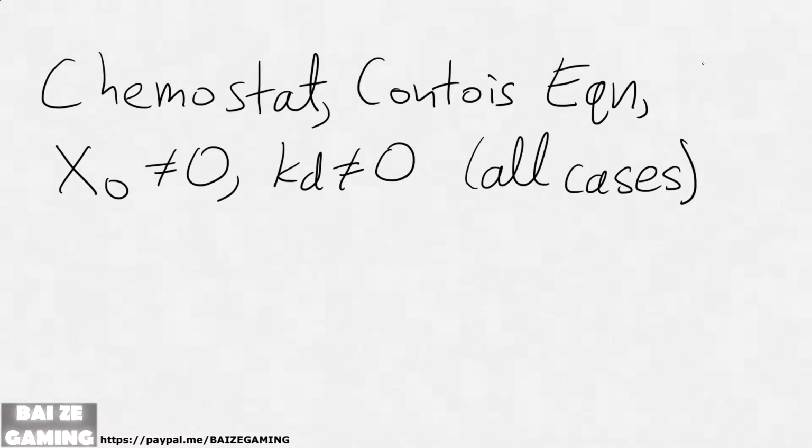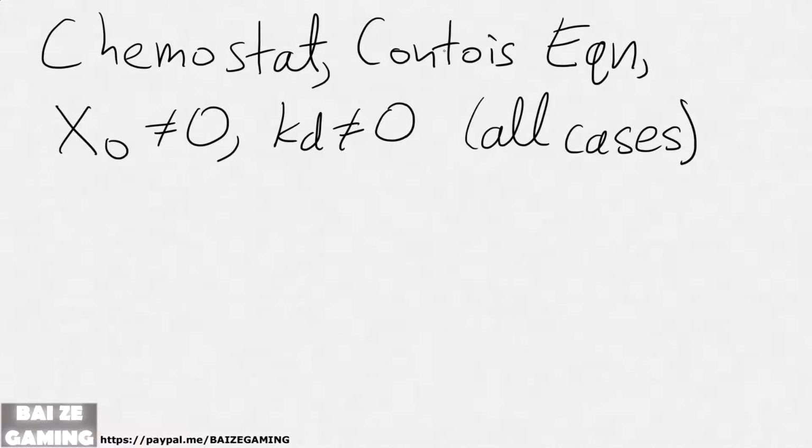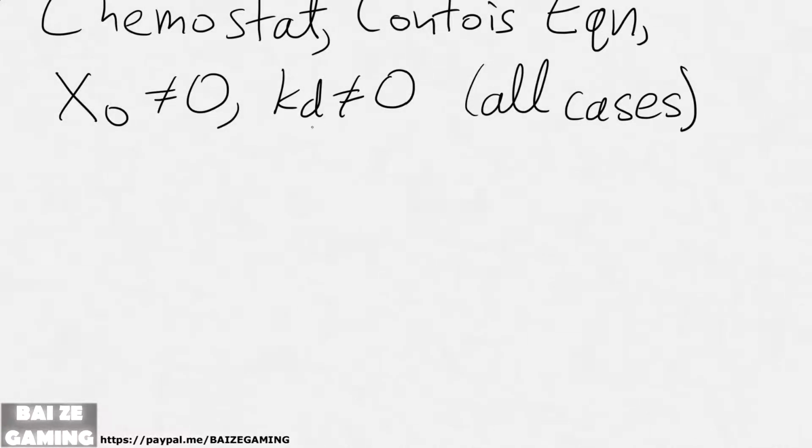I'll be using some of the results from the old chemostat questions I did previously, which were these cases but with the Monod equation. Now we can just modify it slightly to use the Contois equation, and only the mass balances and such stay the same.